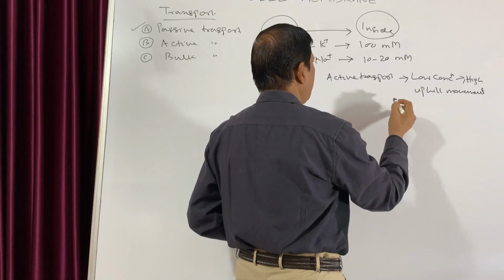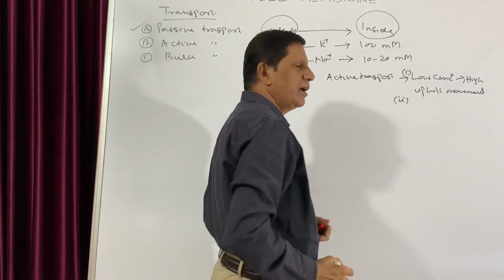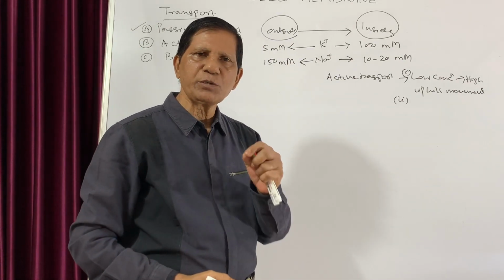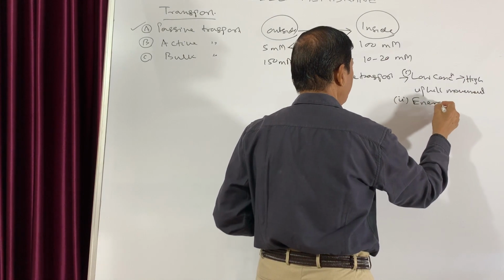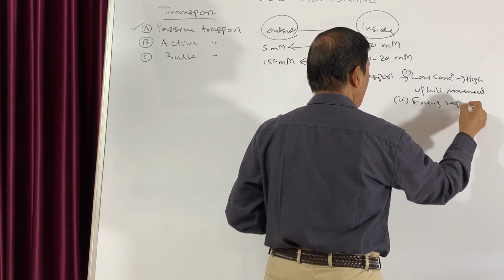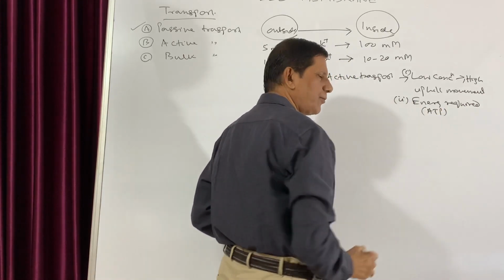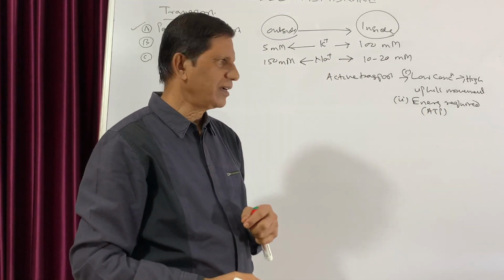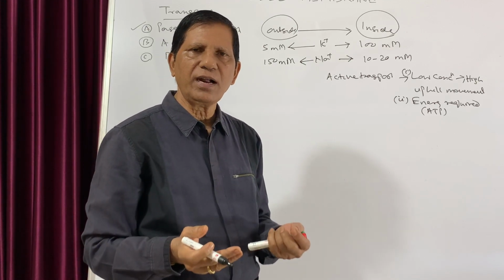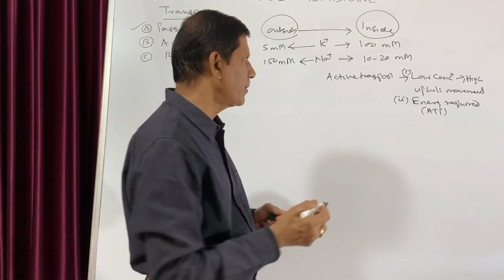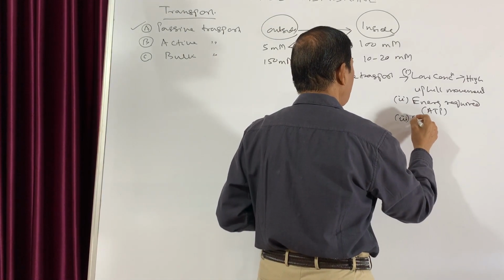Now this is the first point. The second point is, this is possible only by expenditure of energy. So energy is required, and in most cases, the energy is usually ATP. The third thing, for transport of substances, certain carriers are required, and these carriers are mostly proteins. So the third thing is protein carriers.